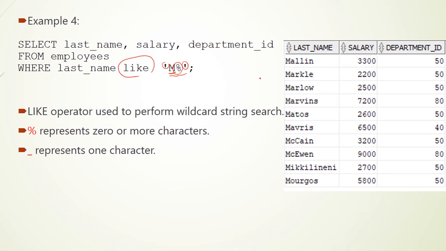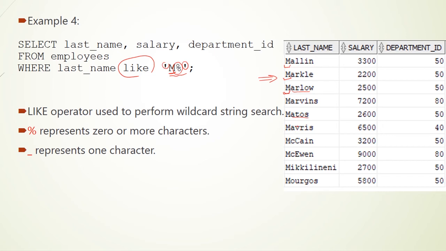So as we can see, after running this select statement, the output shows the last name is capital M here, and here also capital M. The last name starts with M for all returned employees, and after M we have, for example, 5 characters here, 5 characters here, 4 characters here, and also 5 characters after M here.